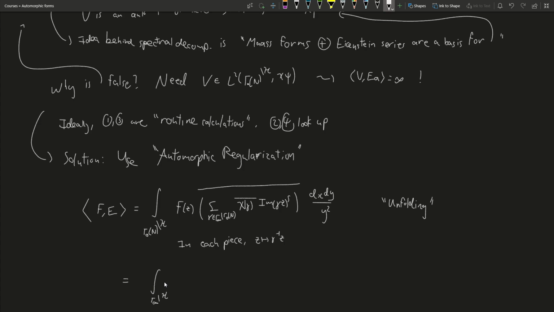So this is an integral from 0 to 1 in x and 0 to infinity in y. And then here you have, again, your f of z, and then you're going to have a y to the s bar, right? Just this imaginary part here. And then dx dy over y squared, which is in fact the Mellin transform of the constant term of f.